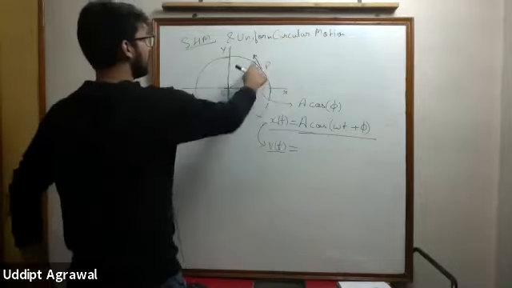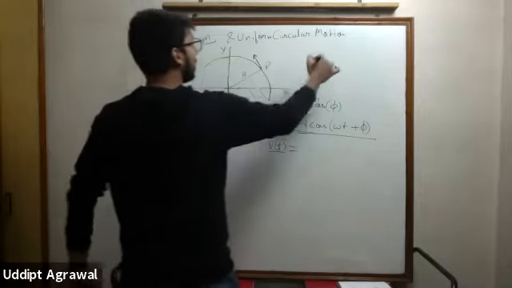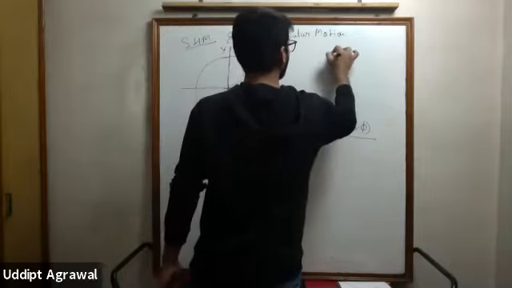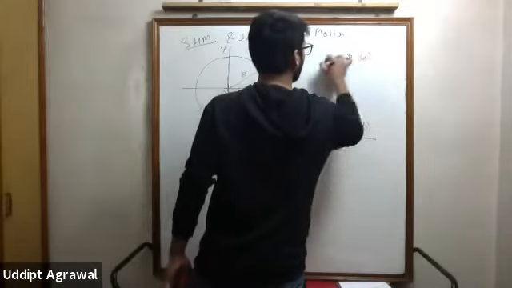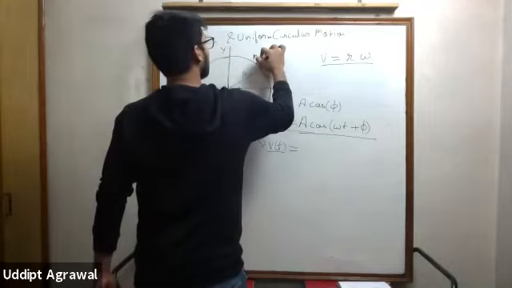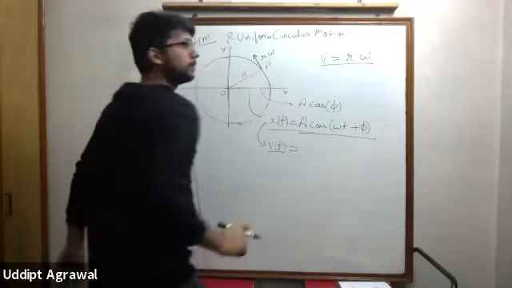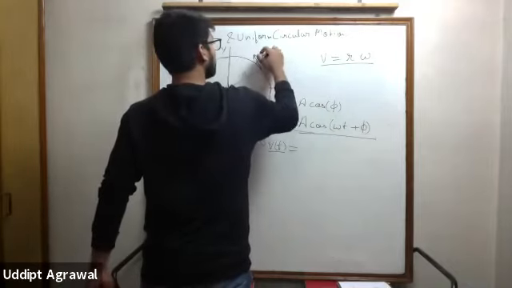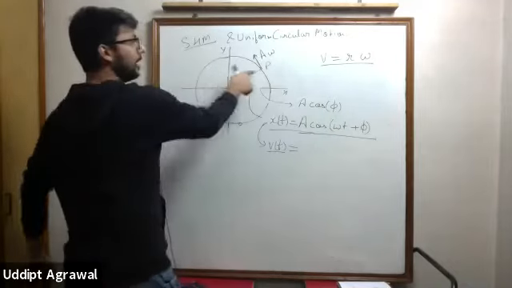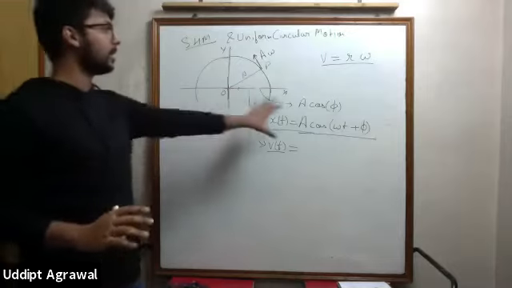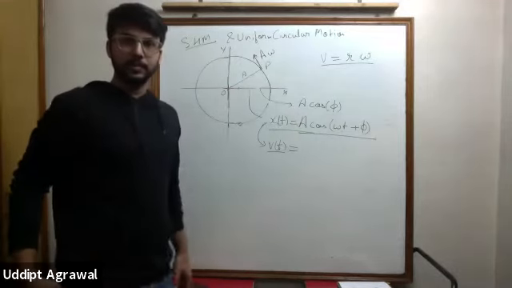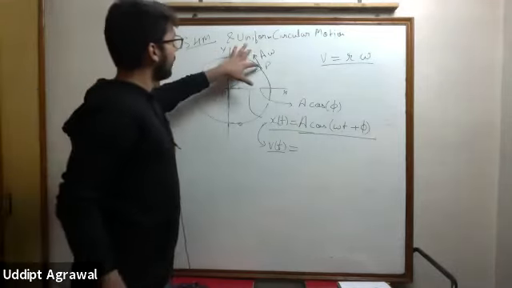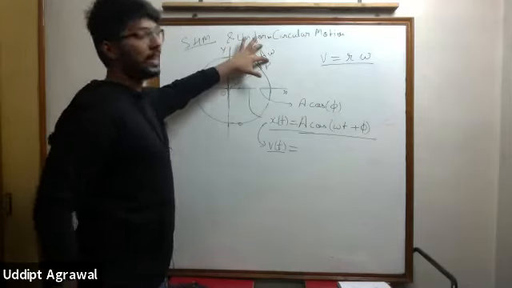So this is the velocity vector, and we just did it: velocity is equal to r omega. That means this is r omega. And r here for us is a, just to be consistent with our variables. So this velocity vector becomes a omega.